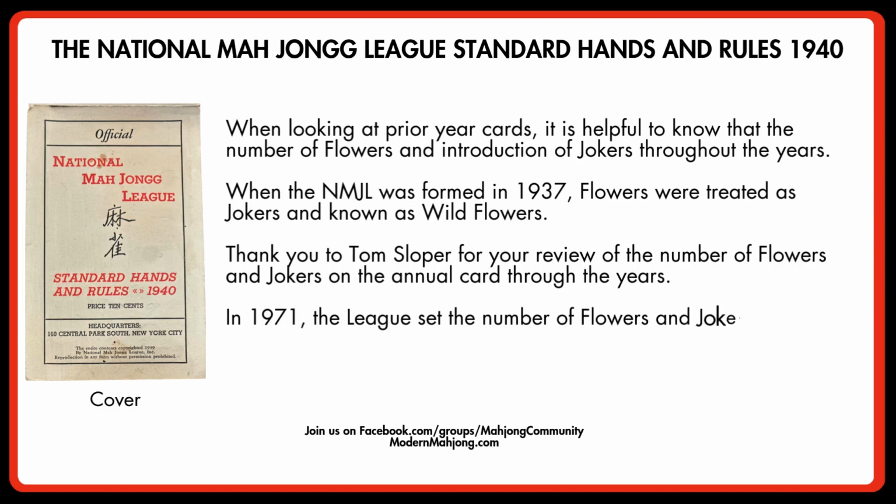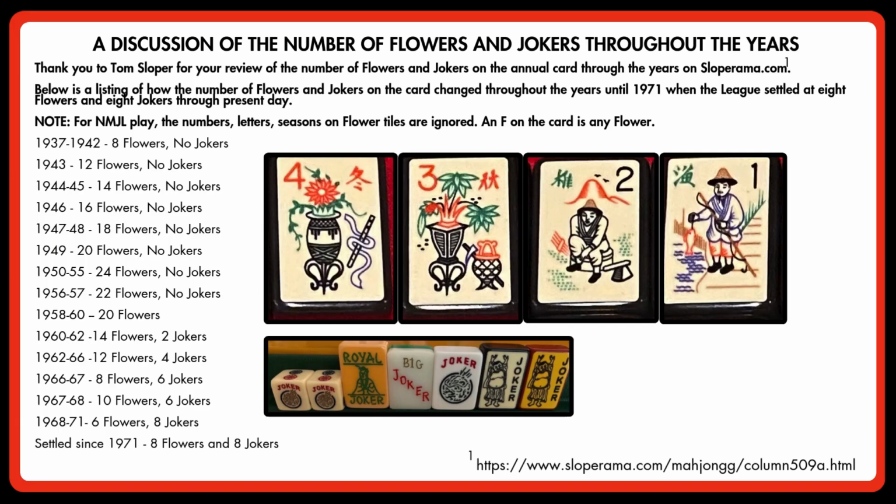In 1971, the number of flowers and jokers were standardized to 8 for each, and it's remained that way to the present day. This is why when you find vintage sets, some of them have many flowers and maybe not enough jokers. So here's a listing from 1937 to present day of the different number of flowers, when jokers were introduced, and how it settled in 1971 with 8 of each.